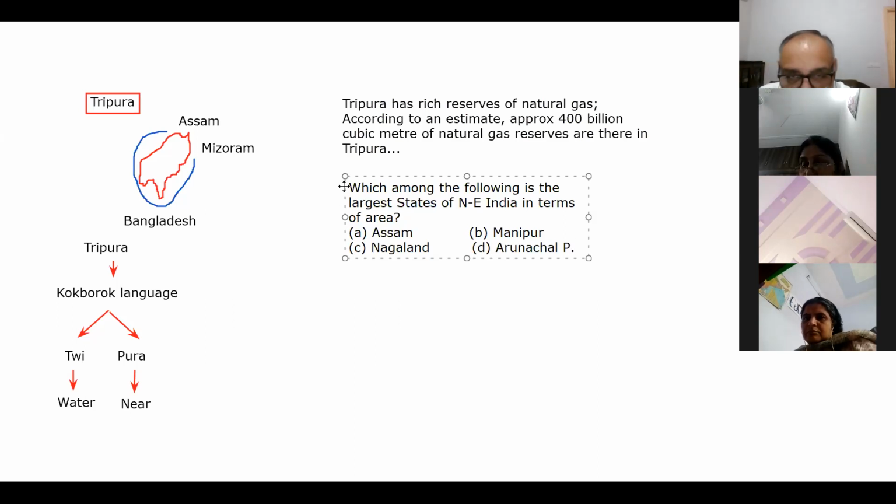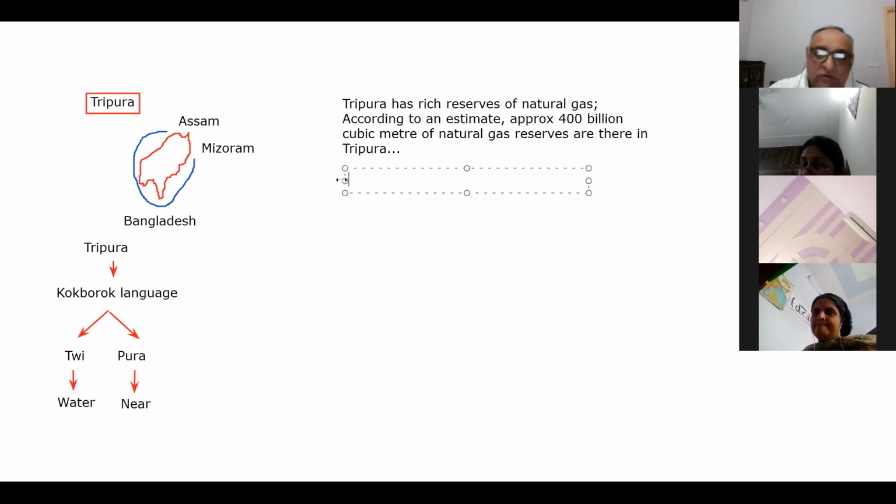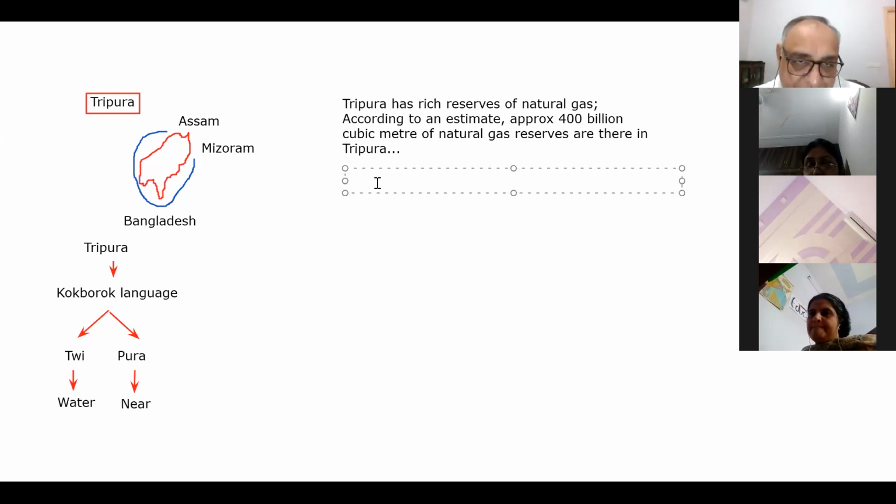So tell me. Sir, Arunachal. Arunachal Pradesh. Okay. Anybody else? Any other opinion? Okay, Arunachal Pradesh is the correct answer. Shabash. So it is Arunachal Pradesh, which is the largest among the northeastern states of the country.